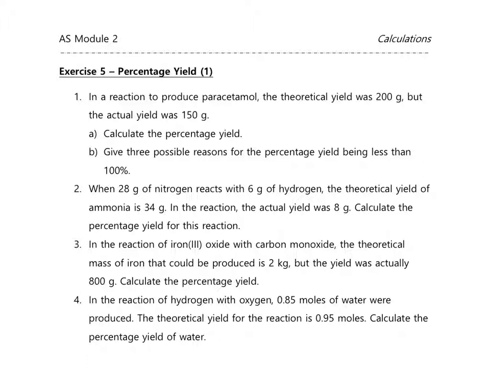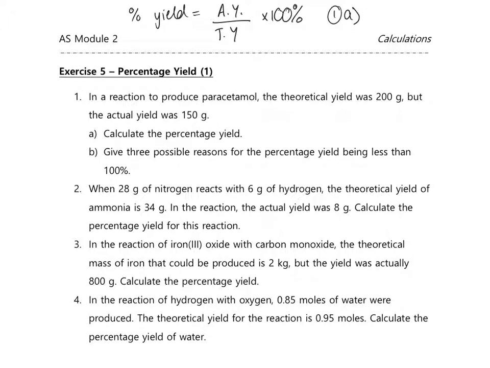So you can have a go now at exercise 5. It's just using that percentage yield equation. So percentage yield, I'll just abbreviate here, is actual yield over theoretical yield times by 100%. So for question 1a, I would write out the equation every time and get used to doing that in your exams as well.